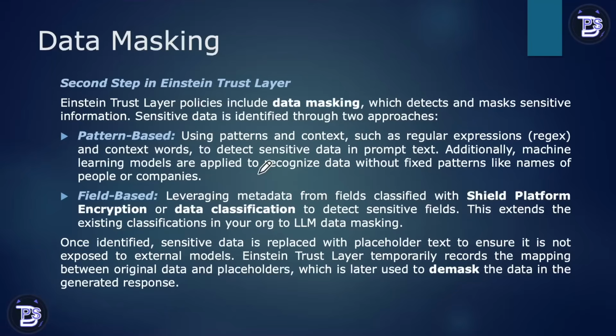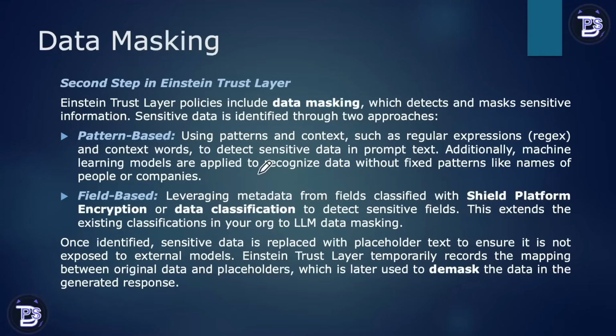Salesforce provides two types of data masking algorithms, or we can say two types of patterns. Number one is pattern-based, where the pattern is applied to the context, to the data that is available in the prompt. The pattern utilizes regex to identify if it is an email, a phone number, a credit card number, a social security number, or other sensitive information.